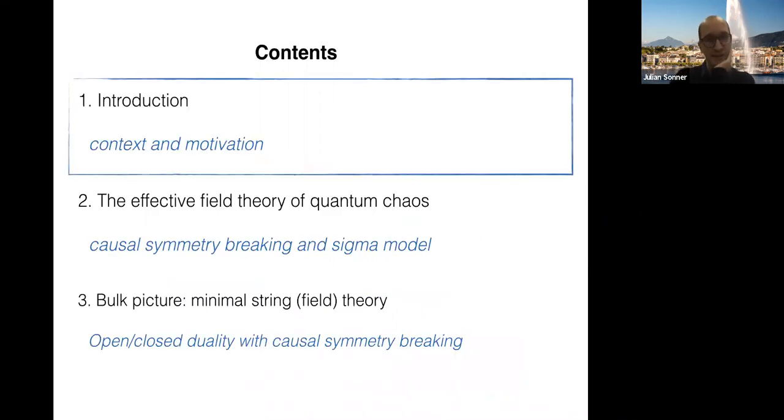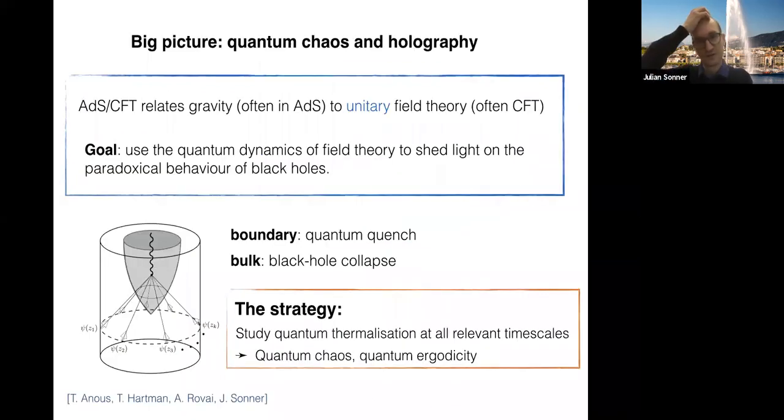So let me start with an introduction. Well, I think that for this crowd, the motivation is practically not needed, but let me say it anyway. So ADS-CFT, of course, this duality is one that relates a gravitational theory, most of the time in anti-de Sitter space, ADS, to a unitary field theory, which most of the time is a CFT.